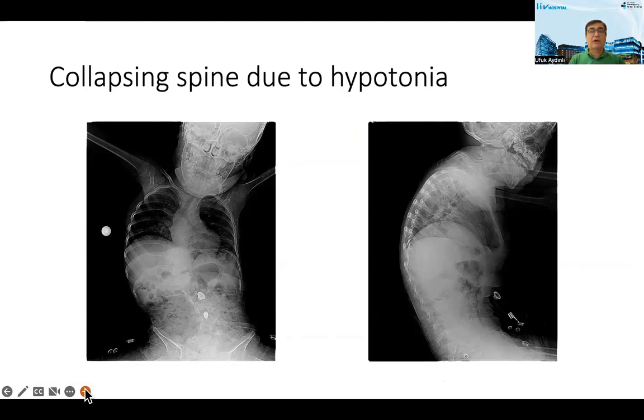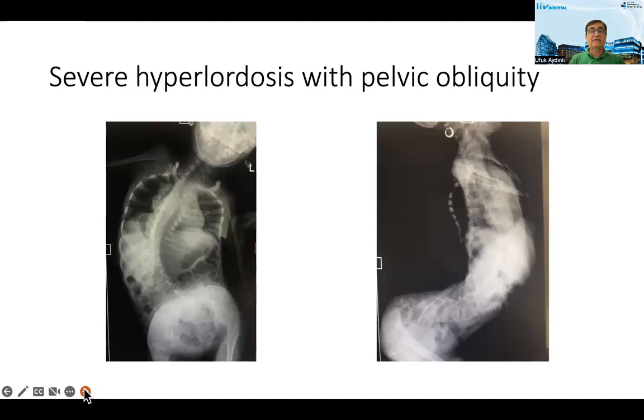And this is a collapsing spine if the patient has hypotonia, and this is a severe hyperlordosis with severe pelvic obliquity. So this will enlarge in the sitting position.